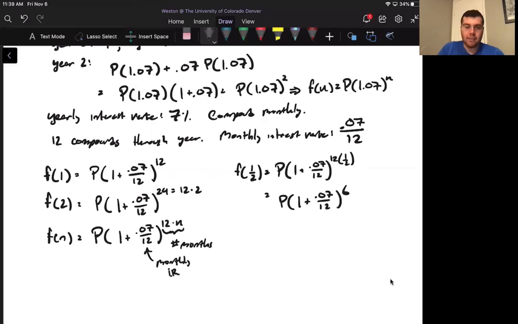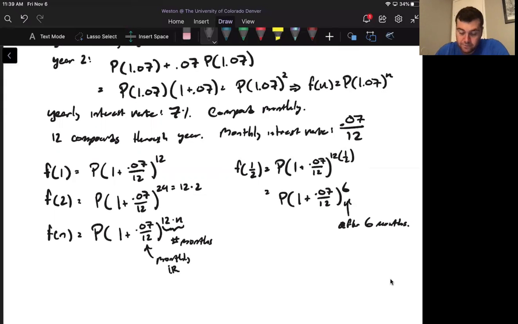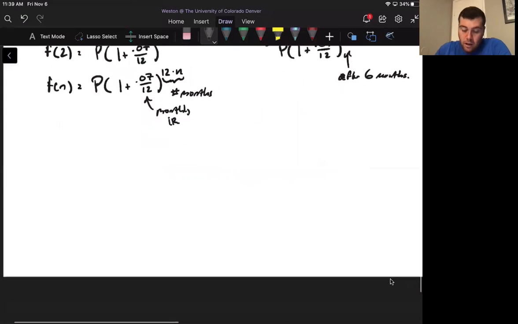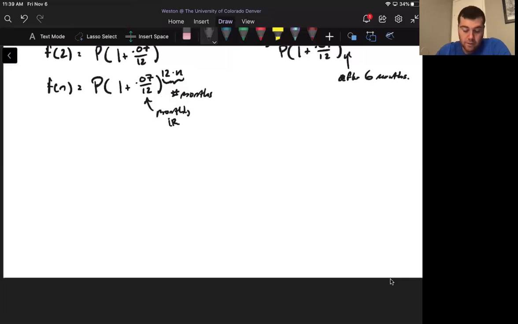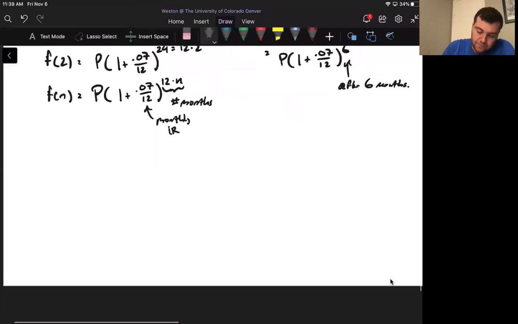And so that 6 is saying that this is after 6 months. So we can actually calculate it by just a fractional number of years. Okay. And now the best thing that we can have is continuously compounded.